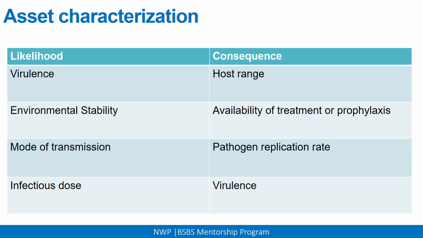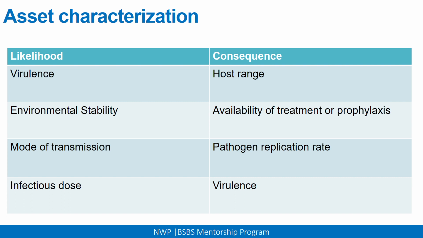Virulence as well applies to consequence. The more virulent the pathogen, the greater the severity of the disease you're going to have if you get exposed. Therefore, something with a higher virulence will have a greater impact or consequence. So that's how you do part of the asset characterization. If your agent has high virulence, high environmental stability, and no treatment, then you are getting closer to saying, okay, this one is an asset, and the likelihood is increased if people get it.